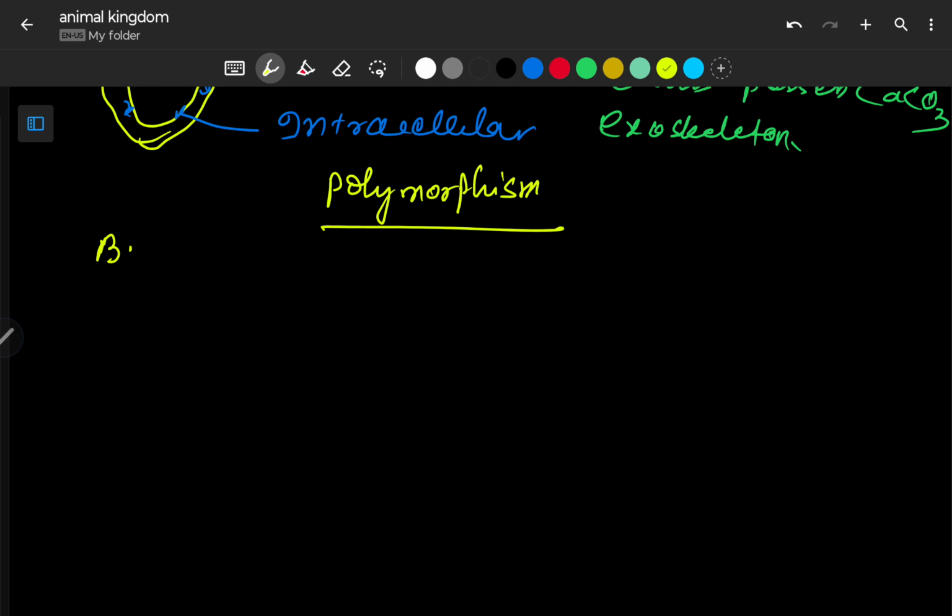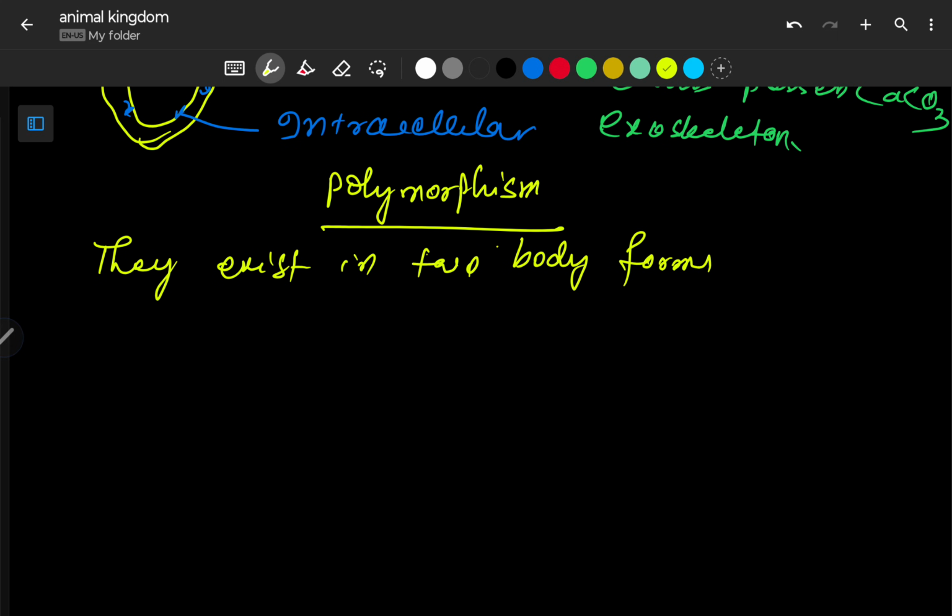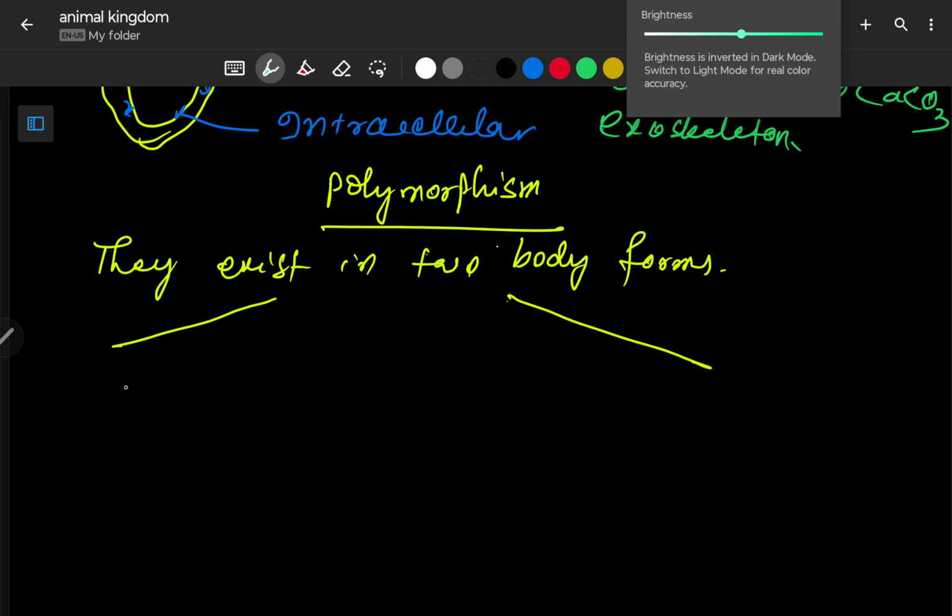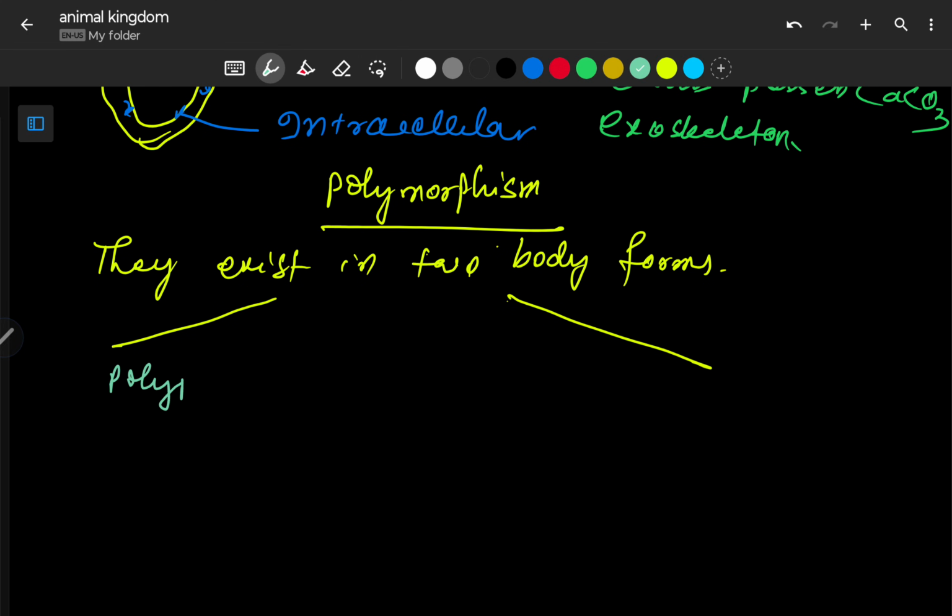They exist in 2 body forms. Okay, so what are these 2 body forms? One is polyp and other is medusa. Okay, so what is polyp?